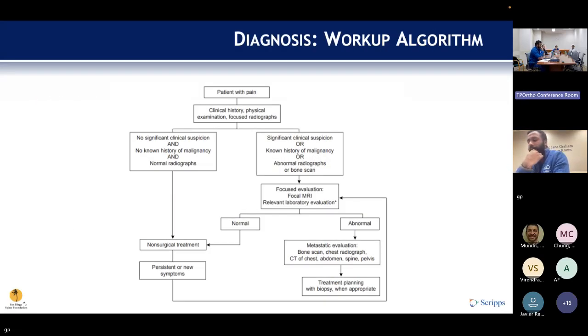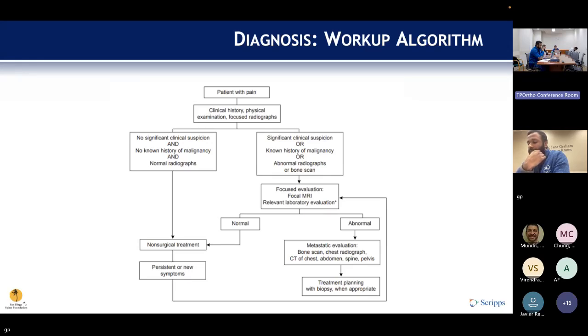Here's an algorithm proposed for the workup of these patients who present with pain in the context of spinal mets. Obviously, you've got to examine the patient and get radiographs. If they're normal, usually you're just going to go into the non-surgical treatment side of this algorithm.